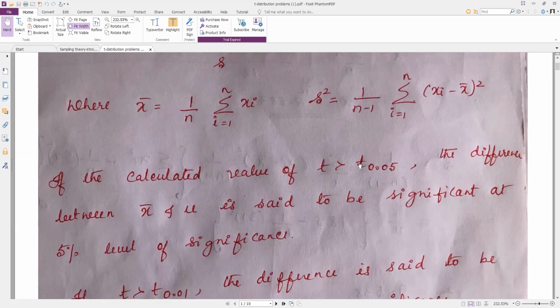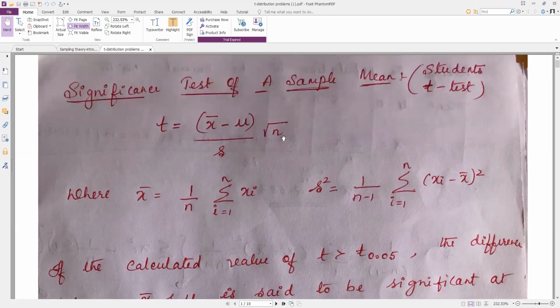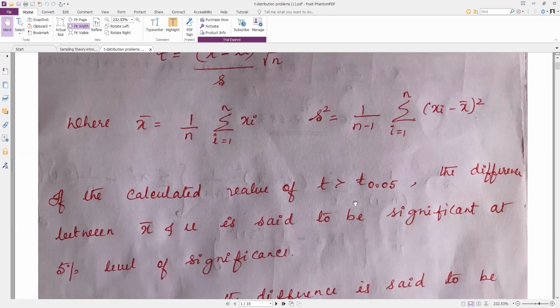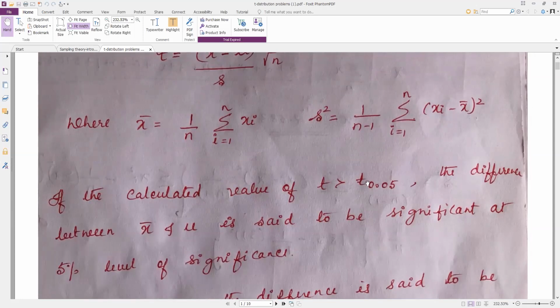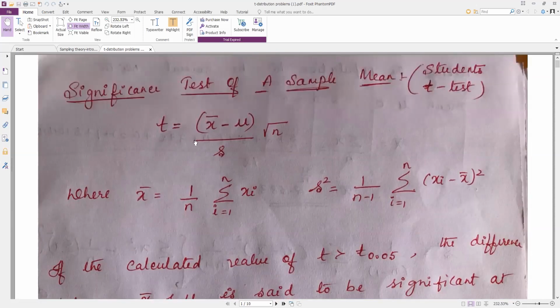That table will be provided for you, and in that you can find this value for the 5% significance level, depending upon the degree of freedom. So n will be given, and n minus 1 will be the degree of freedom. If the calculated value of t is greater than the table value, then the difference between x bar and mu is said to be significant.